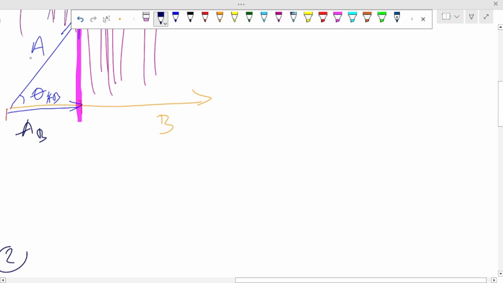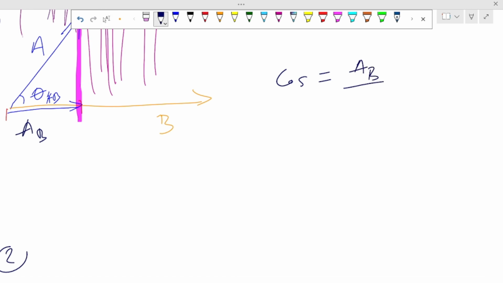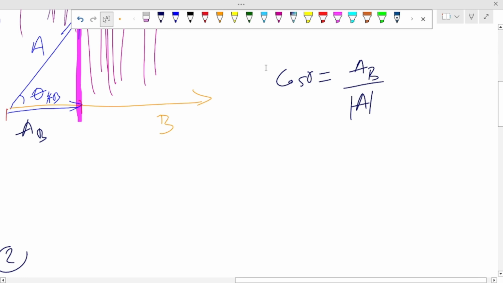That is just the idea, of course. That means we can say cosine is the adjacent, which is this now, A onto B, over the hypotenuse, which is the magnitude of A. Excuse me, let me take that back.